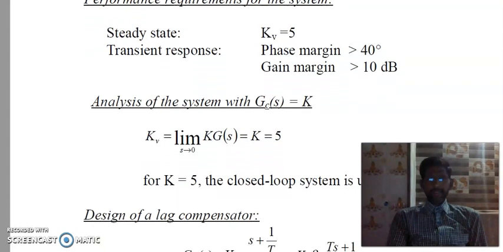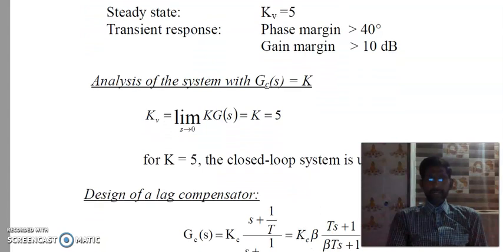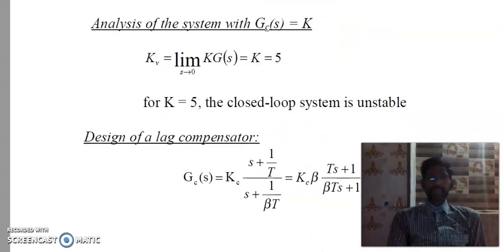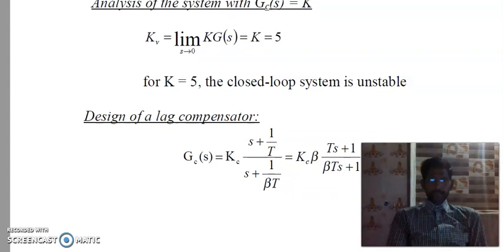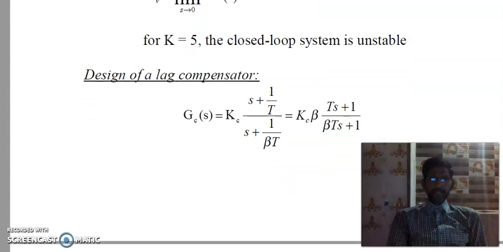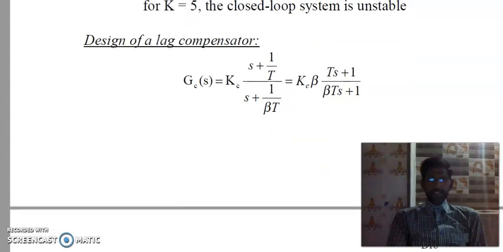The analysis of the system: Gc of s equal to K, where Kv equals limit s tends to 0 of K into G of s equal to K, that is equivalent to 5. For K equal to 5, the closed loop system is unstable. Design of the lag compensator: Gc of s equal to Kc into (s plus 1 by T) divided by (s plus 1 by beta T), equivalent to Kc beta (Ts plus 1) divided by (beta Ts plus 1).